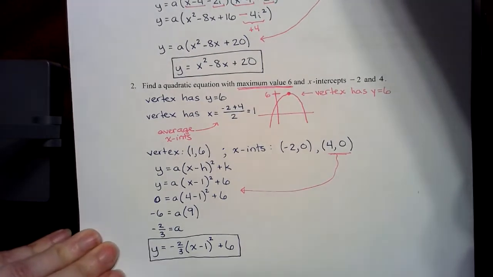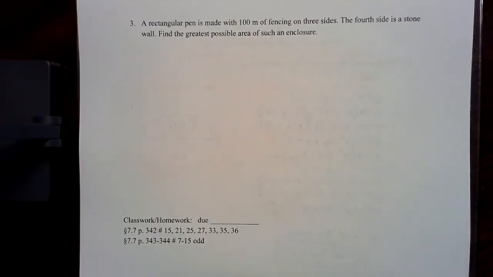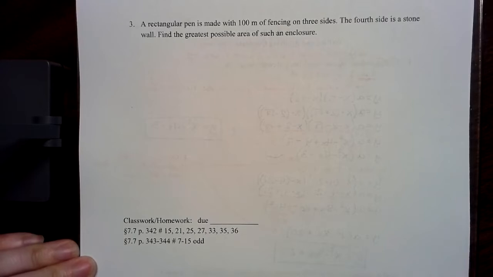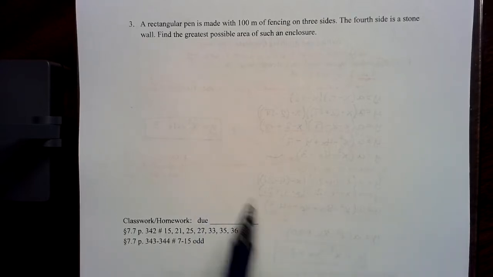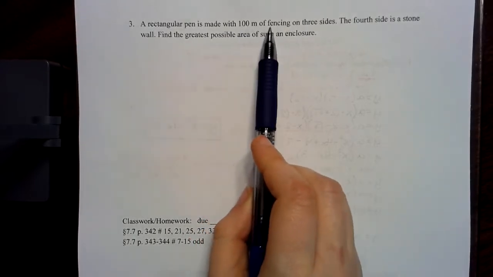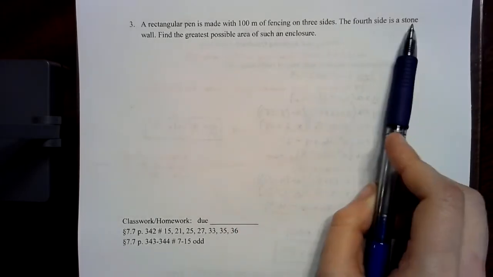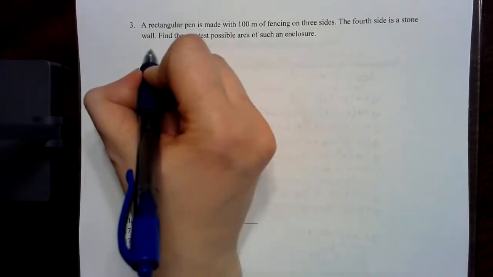So let's do one more example. And this one is a real world example. A rectangular pen is made with 100 meters of fencing on 3 sides, and the 4th side is a stone wall.